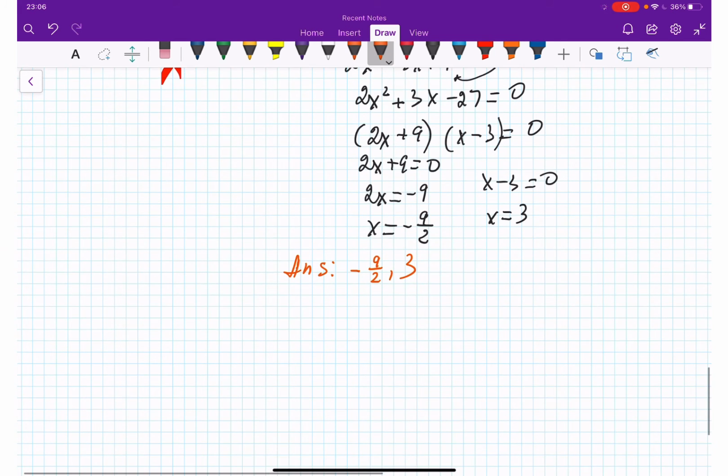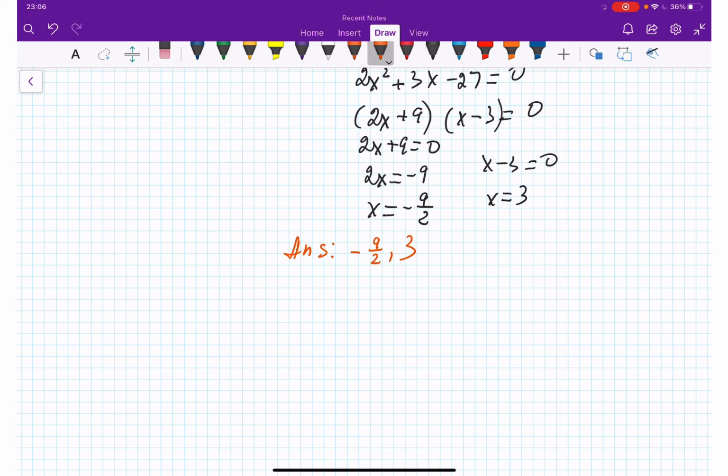Next, we are going to solve a biquadratic equation that we can simplify, bring down to a quadratic equation. It's going to be number 4. Let me write down here.